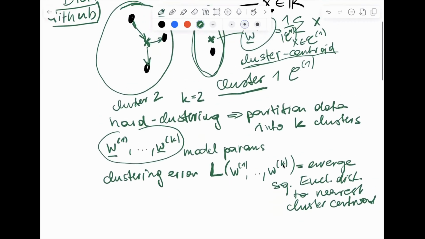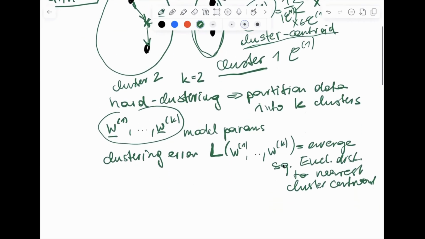So what hard clustering methods do is they are a form of empirical risk minimization. So they minimize the loss function, they minimize this clustering error, and it will be handy to stack those cluster centroids into a single matrix W, just for the sake of easy notation.